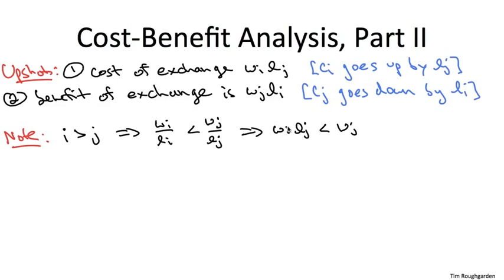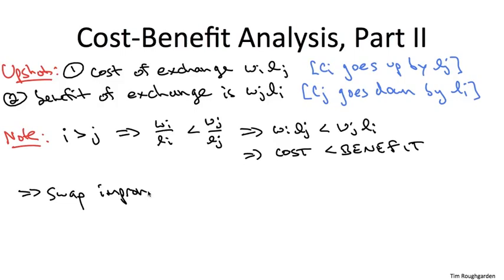The usefulness of this becomes even more apparent when we clear denominators. We multiply both sides by Li times Lj, and then we find that Wi times Lj is strictly less than Wj times Li. But what are these? These are just the cost and benefit terms, respectively, of our thought experiment exchange of i and j.